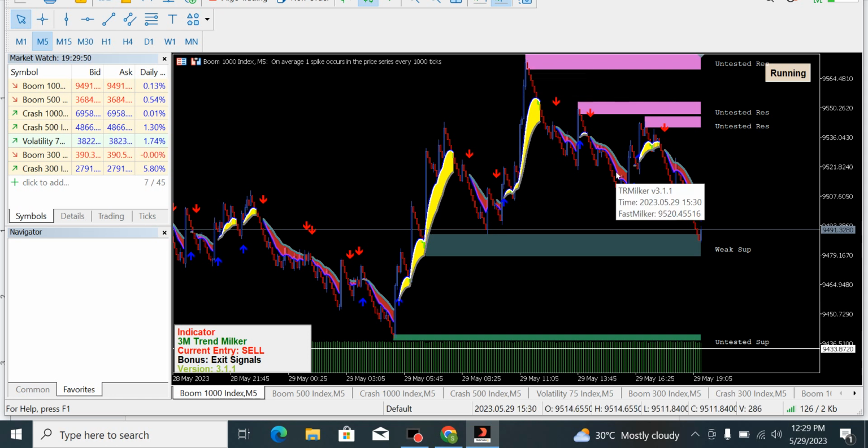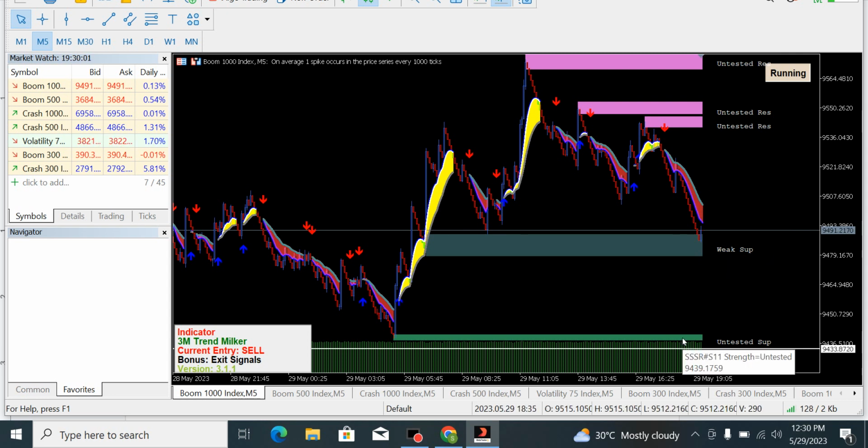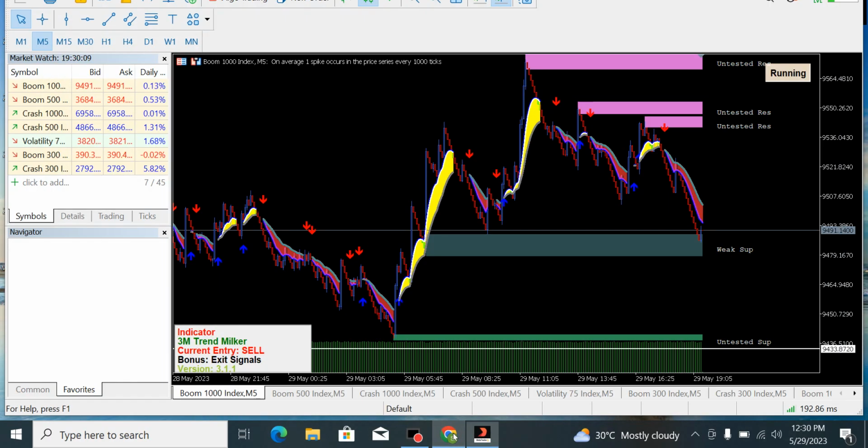Right from there it started a downtrend. It has got into this region, pulled back, and got into this support zone. It might pull back a bit before going back to break out from there to see if it would eventually get to this particular support zone. So this is going to be more of a selling opportunity than a buying opportunity. The next asset is going to be Boom 500.